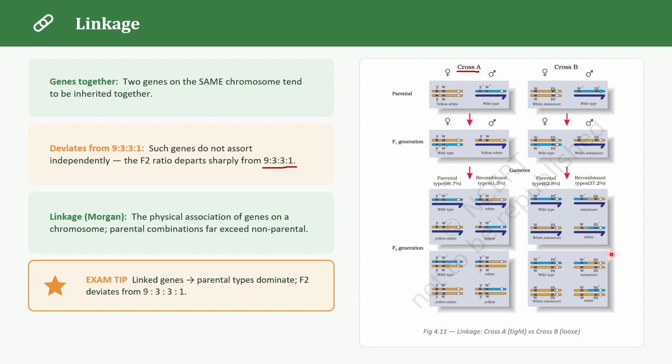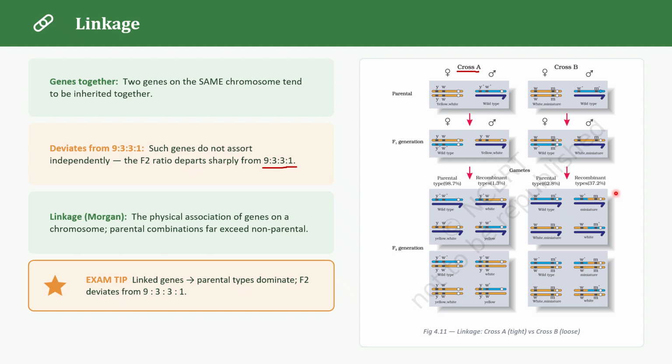Many offspring showed new combinations of traits because recombination occurs frequently. So we can conclude that genes located farther apart on the chromosome separate more often during crossing over. Loose linkage means a high recombination frequency, that is 37.2 percent.